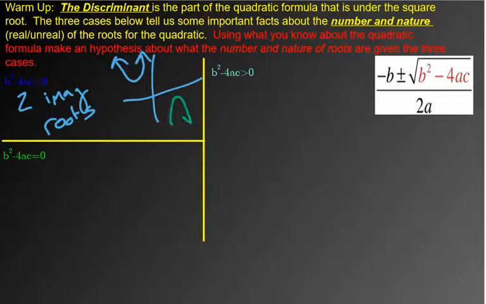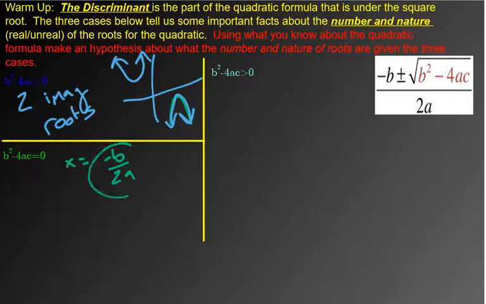This is kind of what they look like, those kinds of cases. You can also have it like that. So you could also have b squared minus 4ac equals 0. In that case, you're going to kill off the whole square root part, and you literally have just the quadratic formula's x equals negative b over 2a part left over.